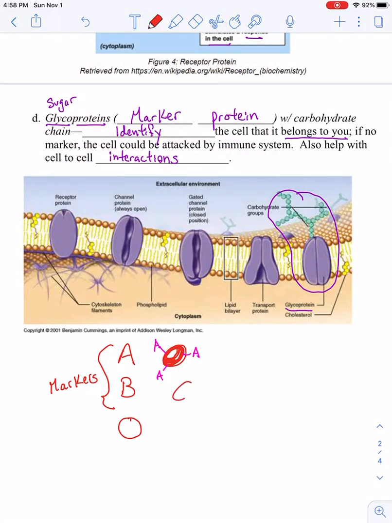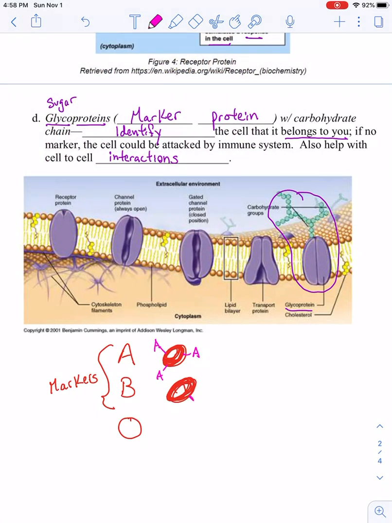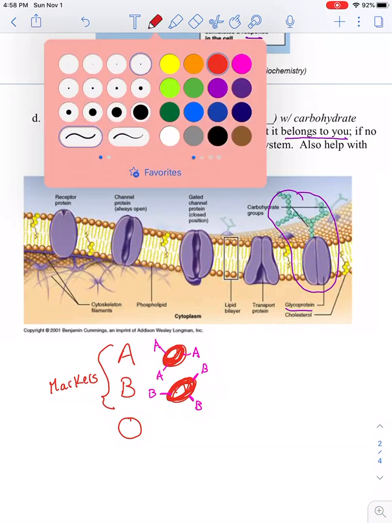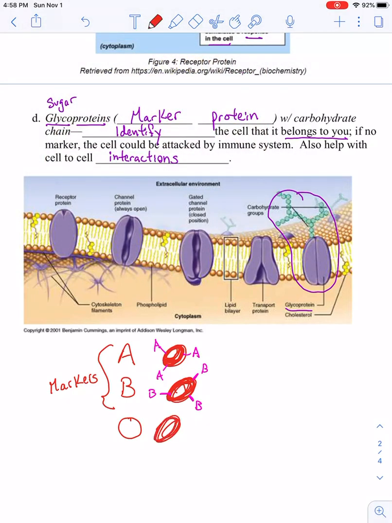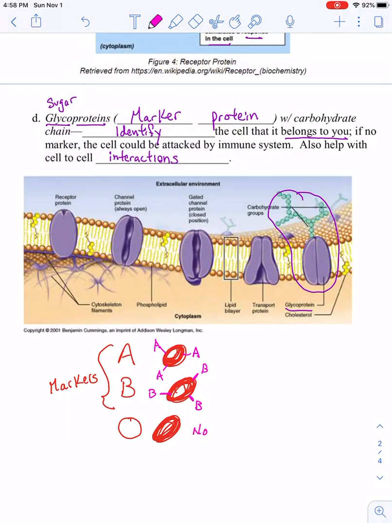If I have type B blood, the markers that I have are B. And if I have O blood, now things get interesting. O blood has no markers. And this is why, if you have O blood, you are called the universal donor.